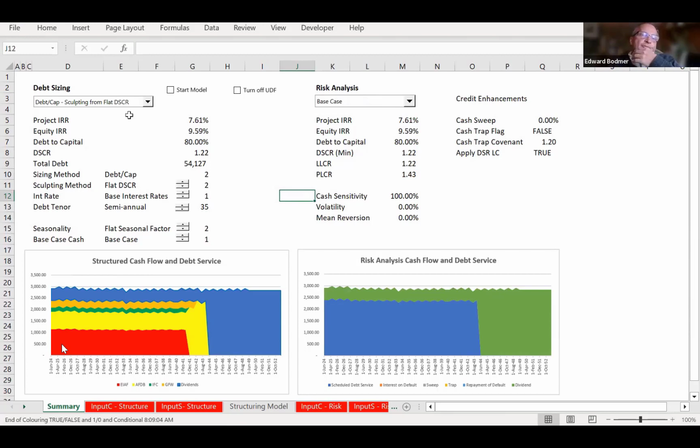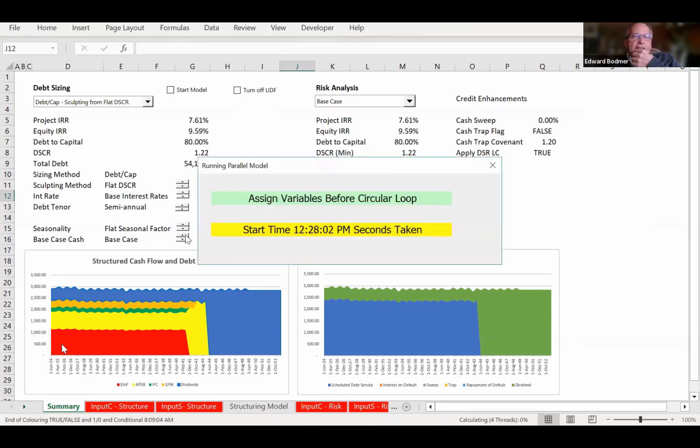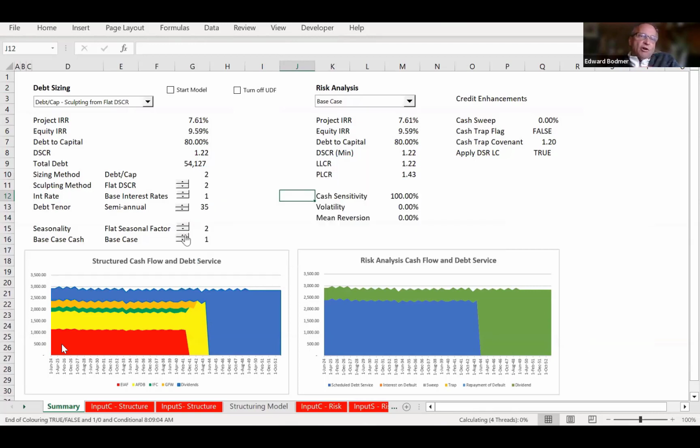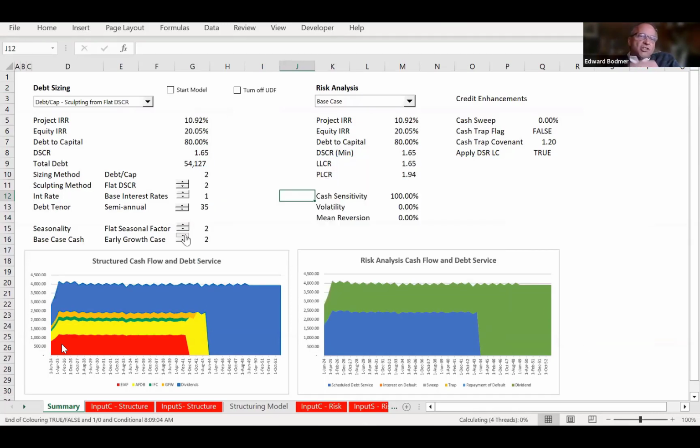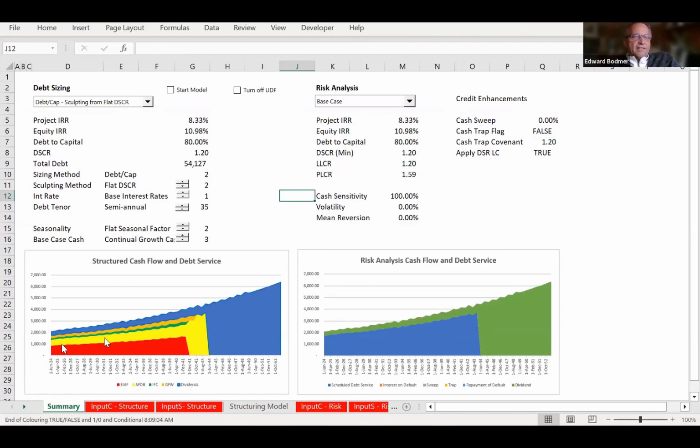Okay, if you're going to have the debt to capital constant, now I'm going to switch the cash flow. And you notice that each time I'm changing something related to the structuring of the debt. This time we're sculpting based on an increasing cash flow, and we're sculpting the different debt issues.